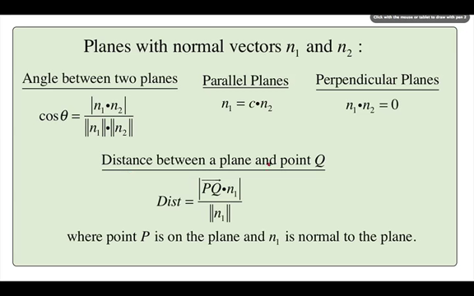And the distance between a plane and a point Q is given by this formula, where point P is on the plane and n is normal to the plane.